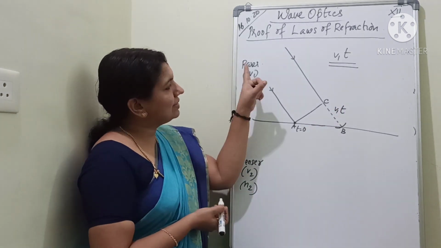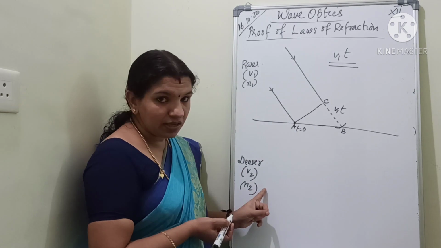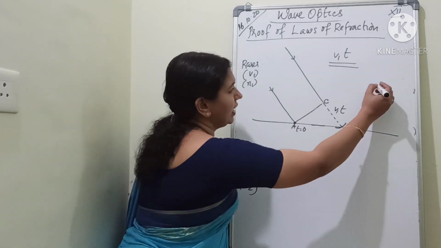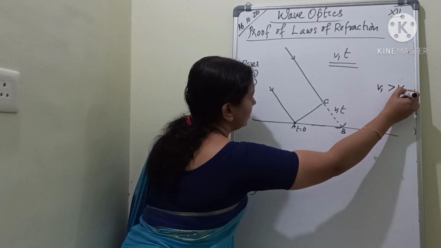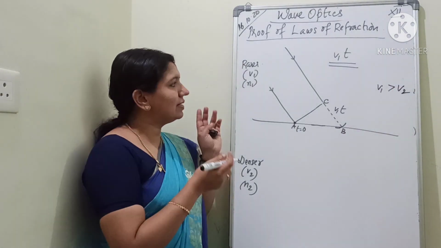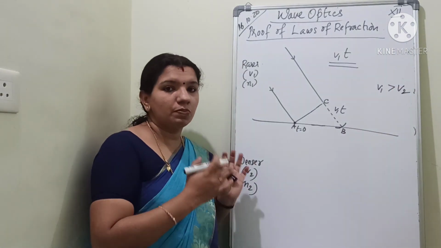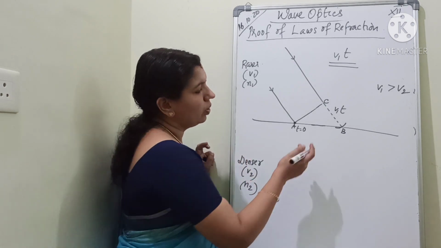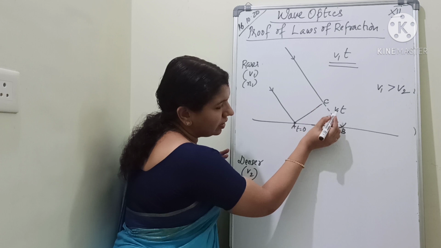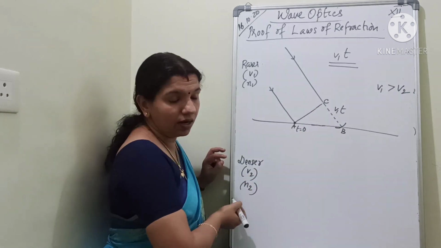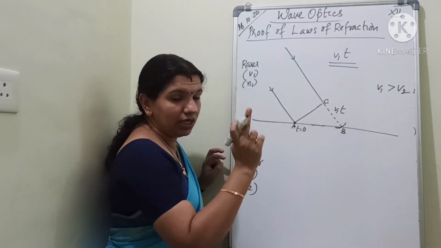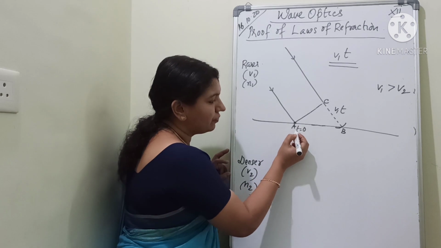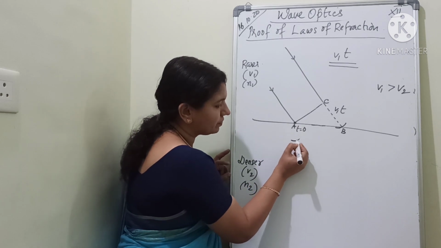Okay. Now this is rarer medium and this is denser medium, and so v1 is always greater than what? v2. Isn't it? Speed of light in rarer medium is greater than speed of light in the denser medium. We have studied that. Now from this point, if we are drawing an arc here, at the same time t, you can draw an arc from A somewhere here.